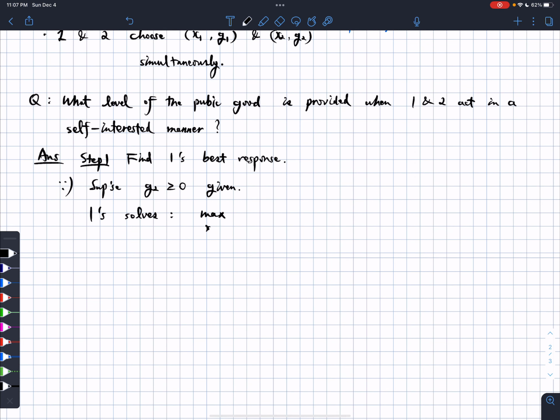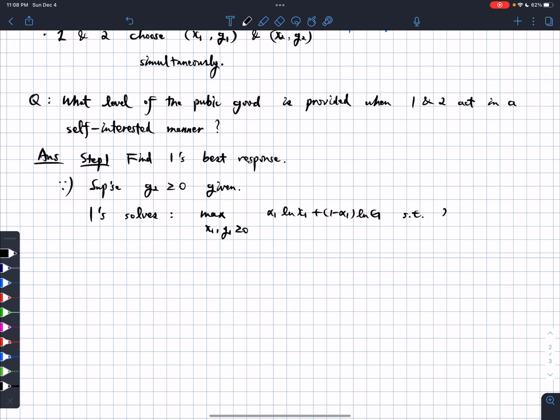So it needs to maximize its utility. So first, the player one will try to maximize its utility by choosing x1 and g1, right? And so this is player one's utility function, and the constraints are what?